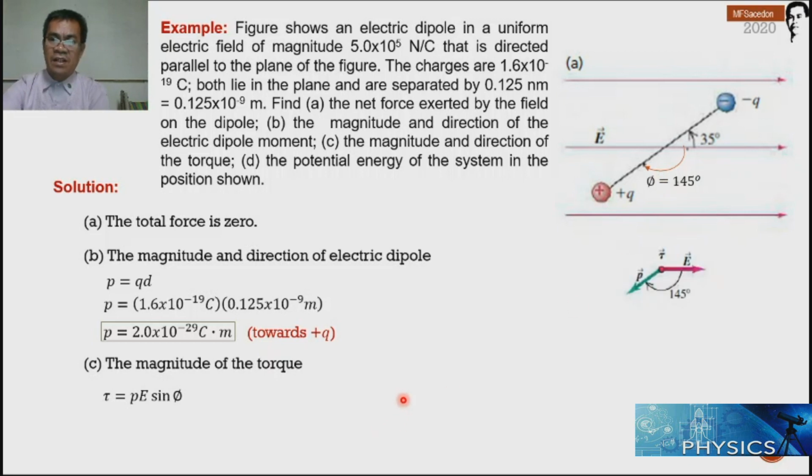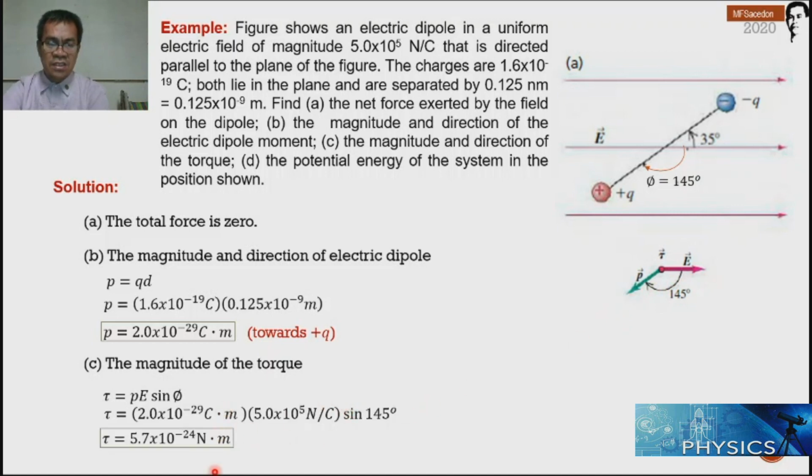So, to make it clear, this is the direction of the electric field and the angle must be coming from the electric field, and it will end up at the pointing direction of the dipole moment. So the angle must be 145 degrees.